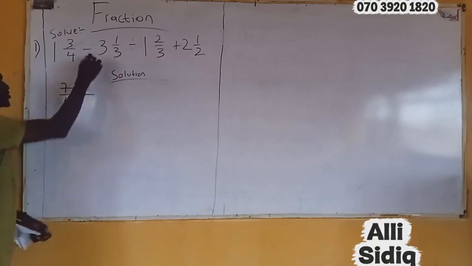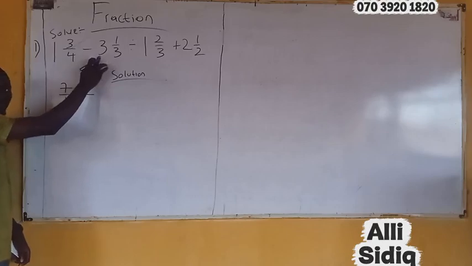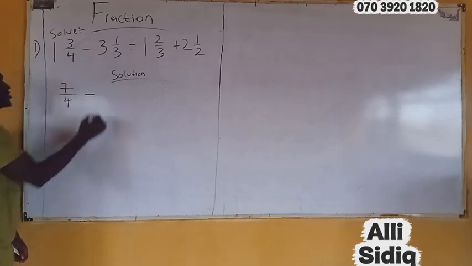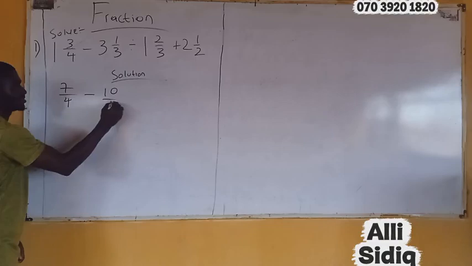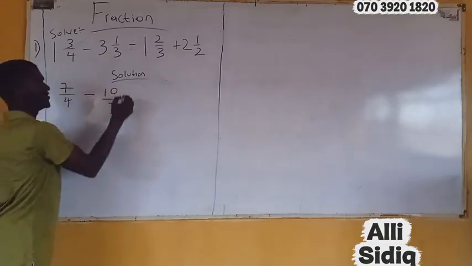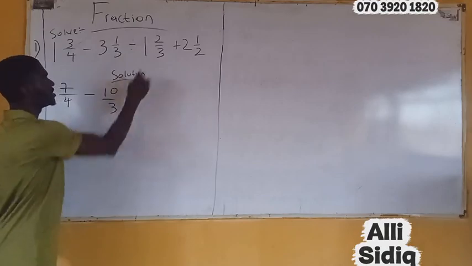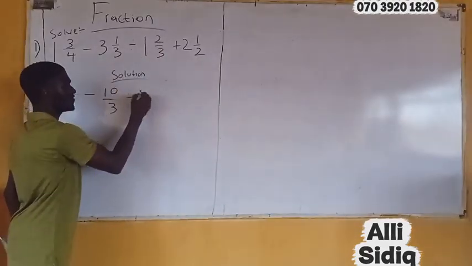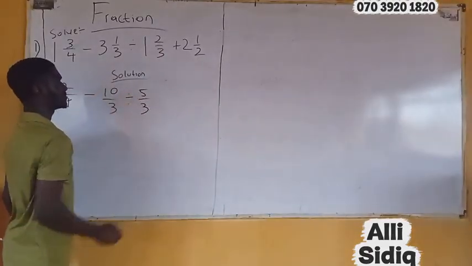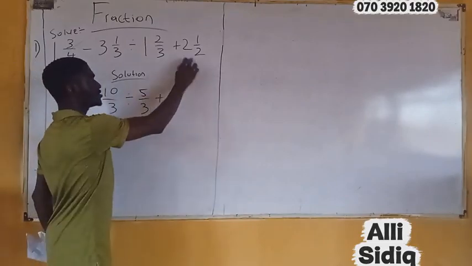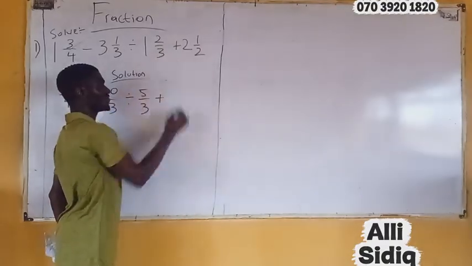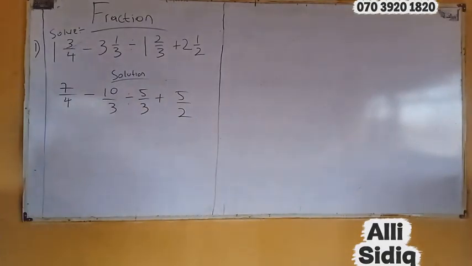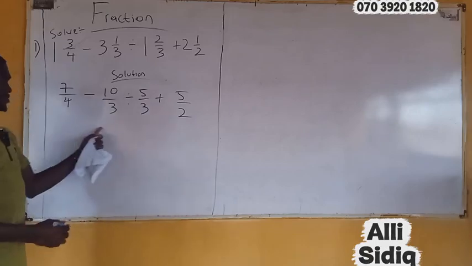Proceed, minus, move on to the next one. 3 times 3 gives you 9, 9 plus 1 gives you 10. You have 10 over 3. Divided by 3 times 1 is 3, plus 2 gives you 5 over 3. Plus 2 times 2 is 4, plus 1 is 5, so 5 over 2. At the end of the day, this is what I got.